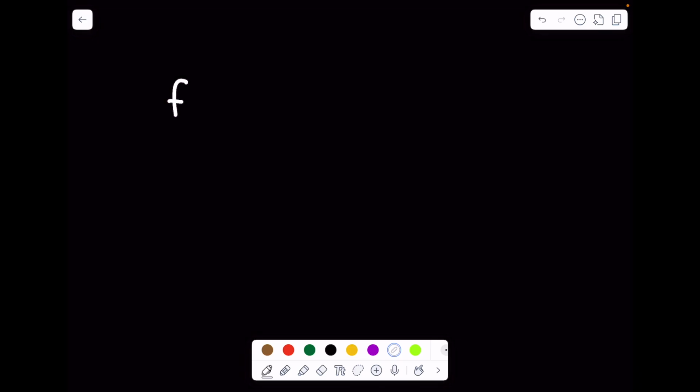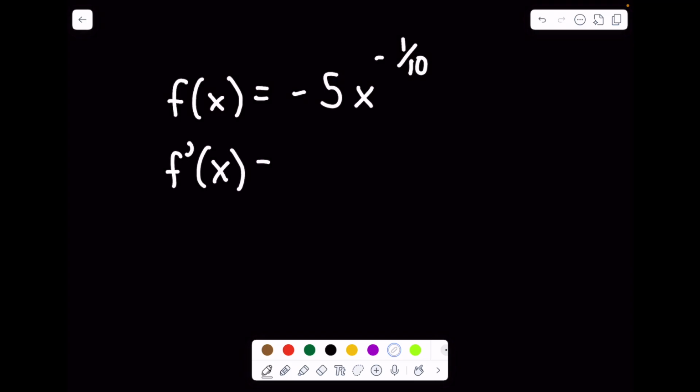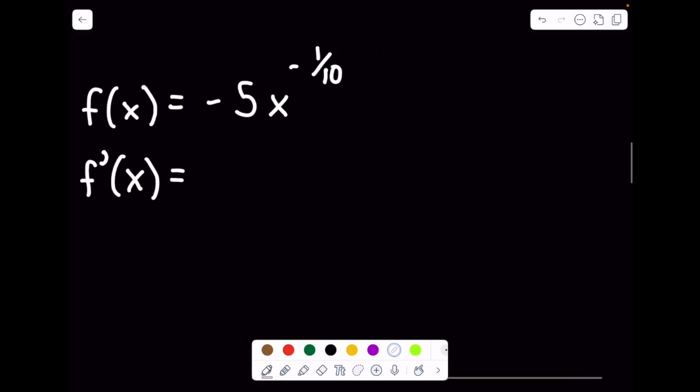So let's say we're given the function f of x is equal to negative 5x, and let's make it a negative fraction as the exponent. So let's say negative 1/10. How would you use the power rule to find the first derivative? First thing you're going to want to do, same thing we've been doing, multiply the exponent by the leading coefficient. But now we have negative 1/10 multiplied by negative 5/1.